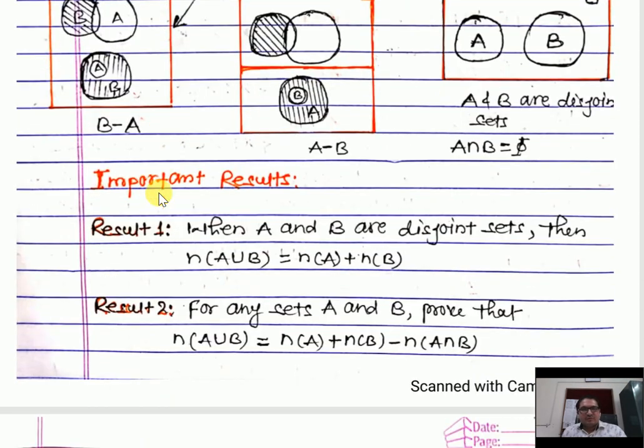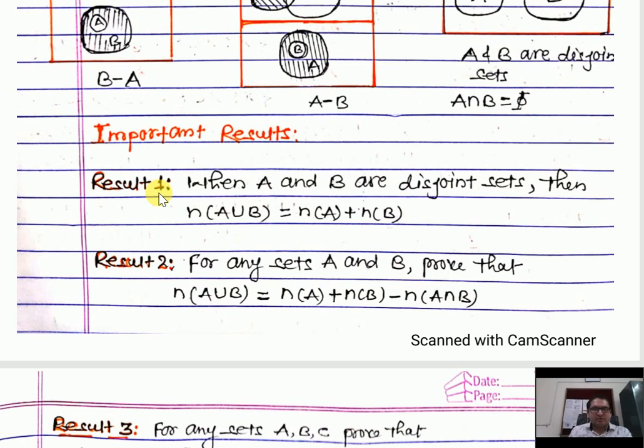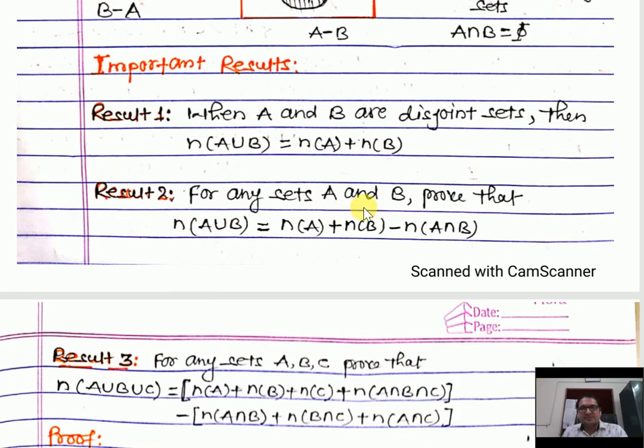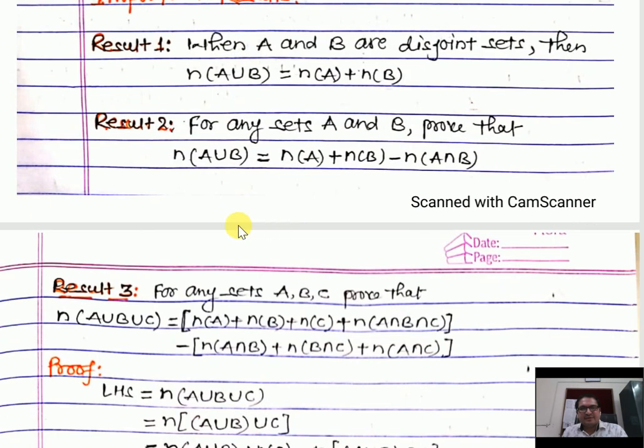Now we come to some important results over here. When A and B are disjoint sets, then n(A union B) will be equal to n(A) plus n(B). Result number 2, for any sets A and B, prove that n(A union B) equals n(A) plus n(B) minus n(A intersection B).